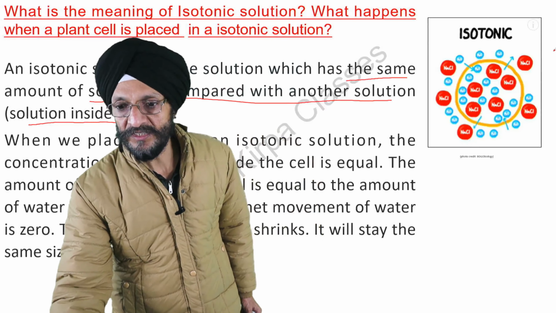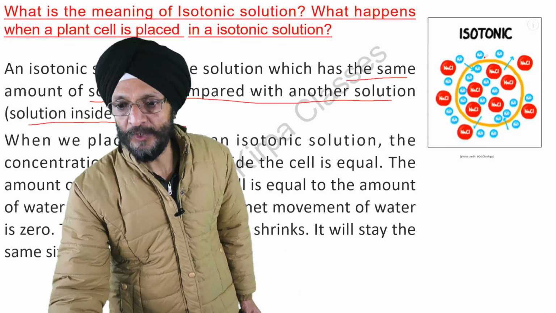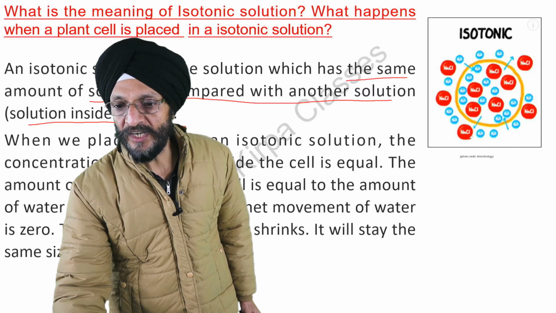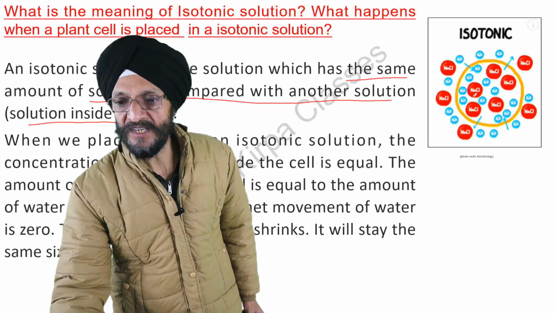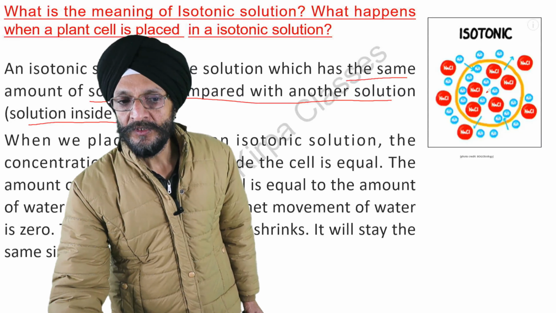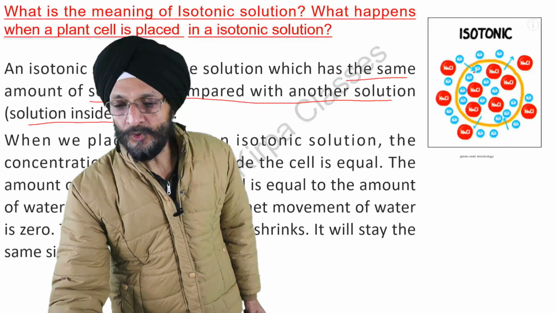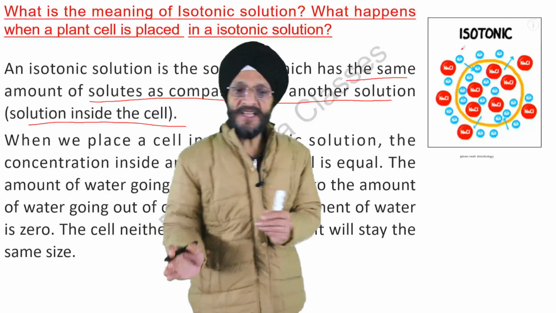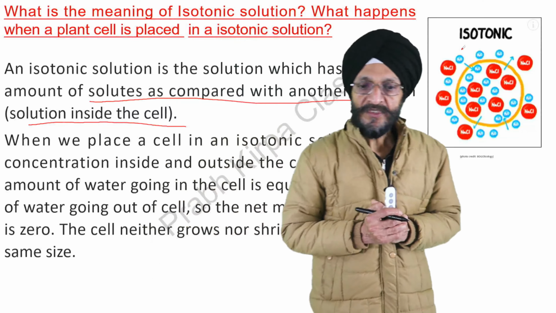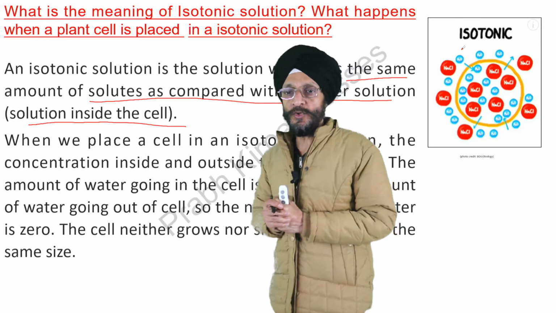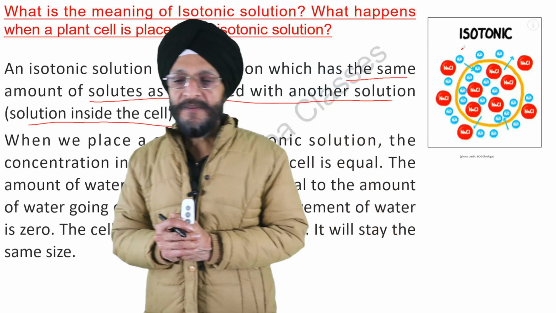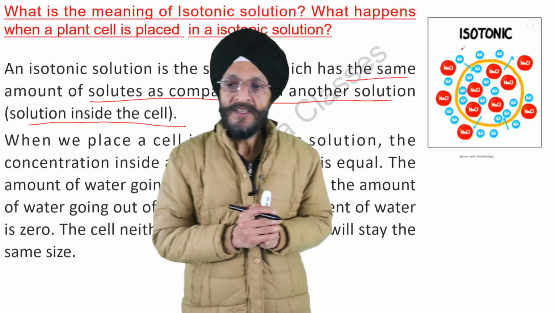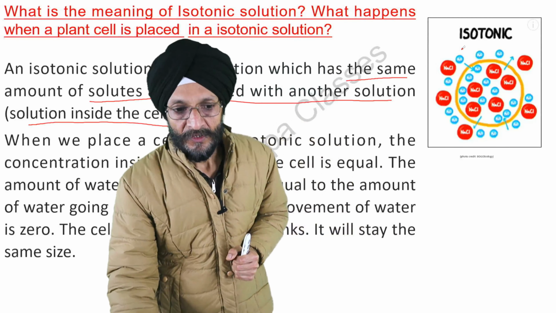In this picture you can see that the number of solutes outside the cell and inside the cell are equal. So the solution which is outside the cell is isotonic as it has the same amount of solutes.